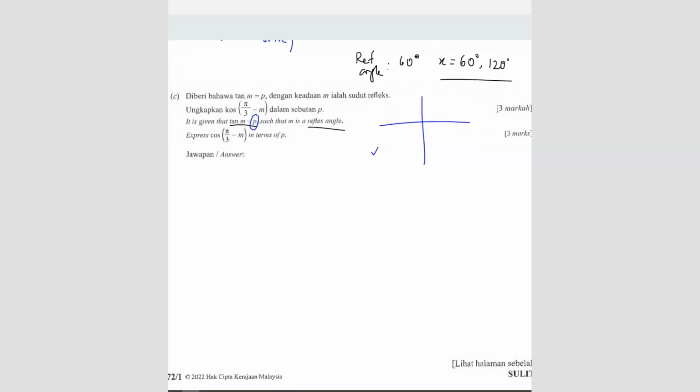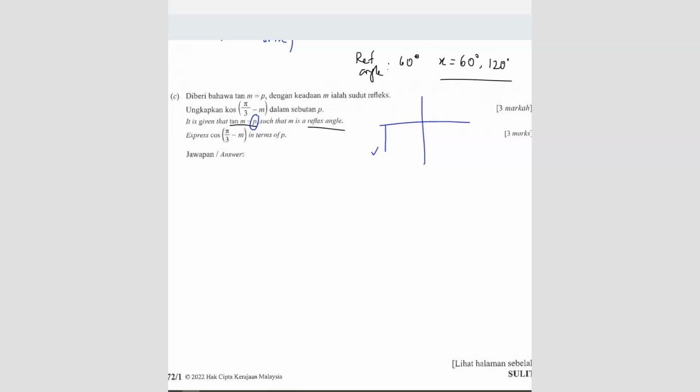I think they should say that P is a positive value. It will be better like that, because otherwise P can be a negative value, and then it will be in the fourth quadrant. They never state clearly, but for this question you actually need it to be positive.